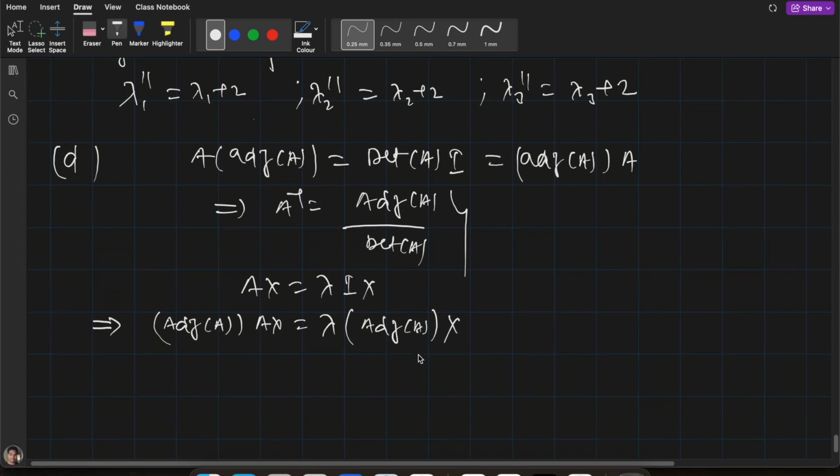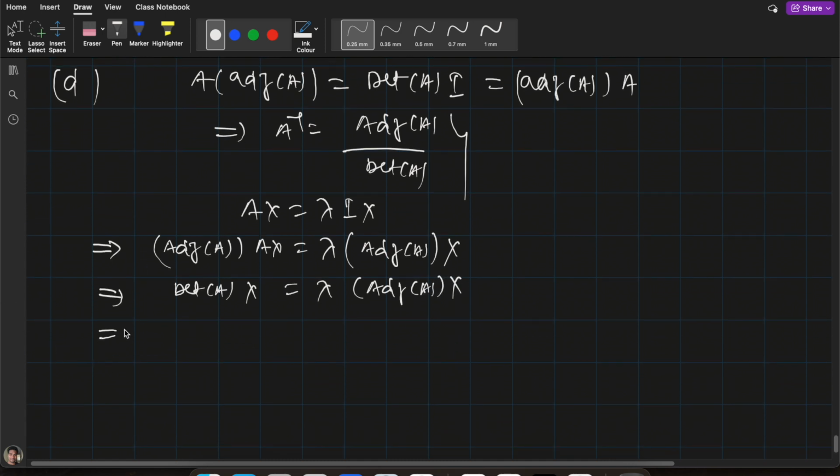Now on the left-hand side this would become determinant of A times x equals λ times adjoint of A x. Now just swap this, so that adjoint of A x equals determinant of A divided by λ times x.